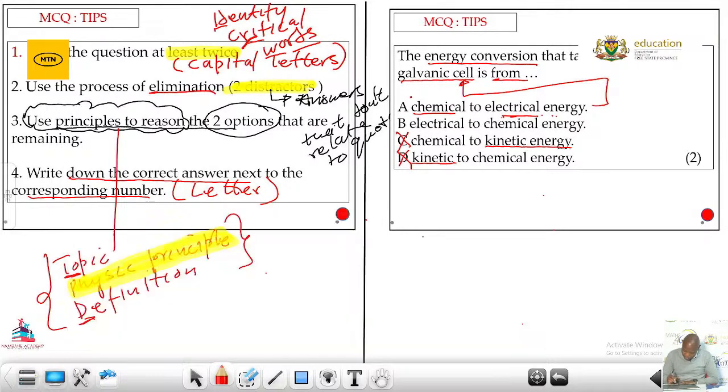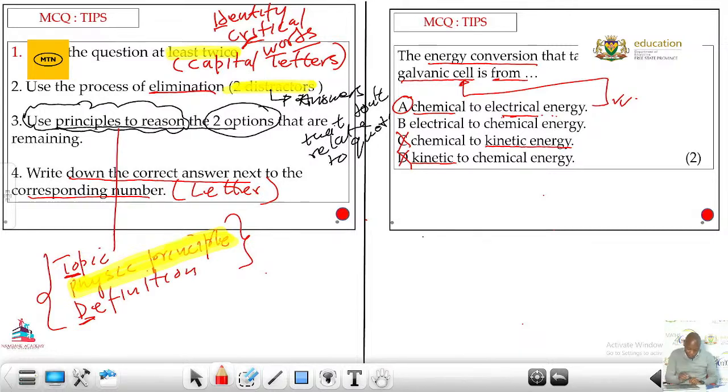This becomes easy because we eliminated two distractors, then applied the physics principle of exactly what a galvanic cell is. Then we are able to eliminate the incorrect one, which brings us closer to getting the correct answer right.